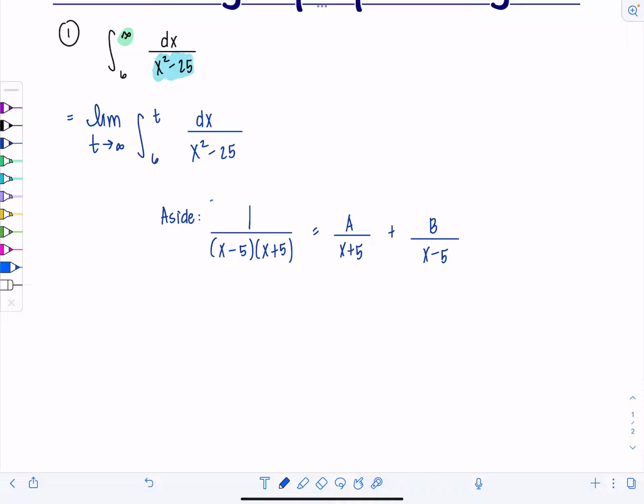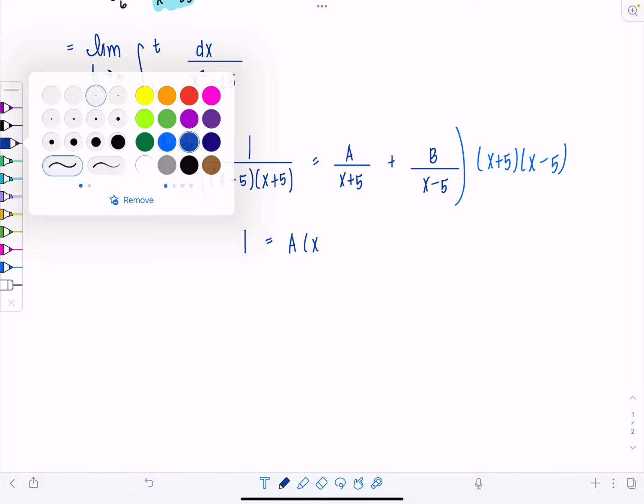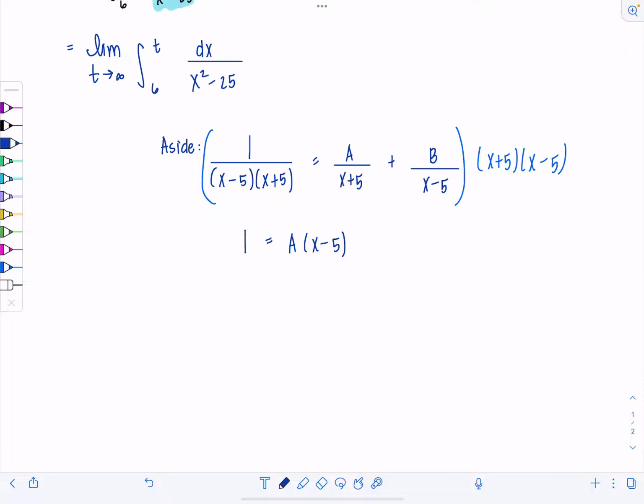And then we're going to multiply through by the LCD, which is x plus 5 and x minus 5. So we're trying to solve for a and b. And then here we're going to end up with 1 equals a times x minus 5. X plus 5 is going to cancel. Plus b times x plus 5.